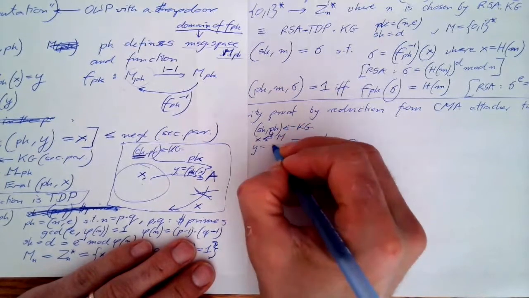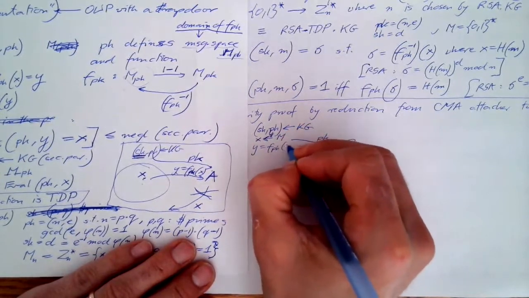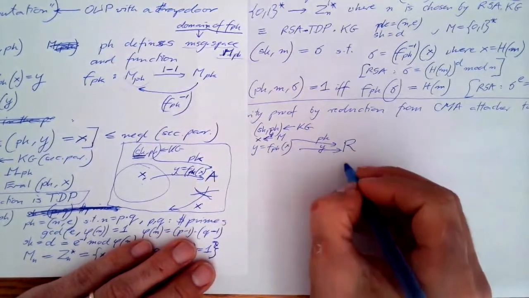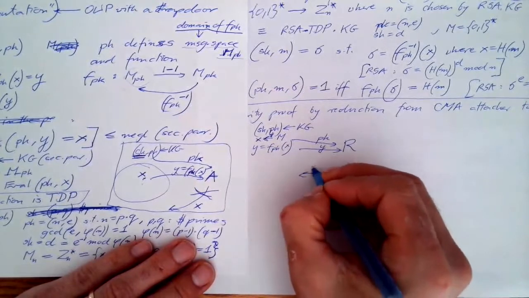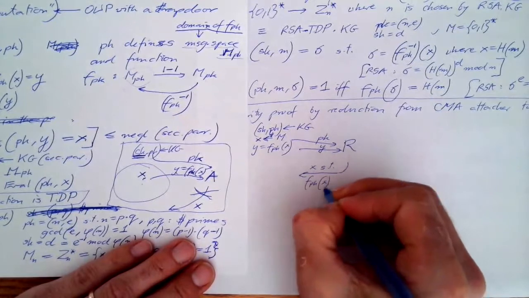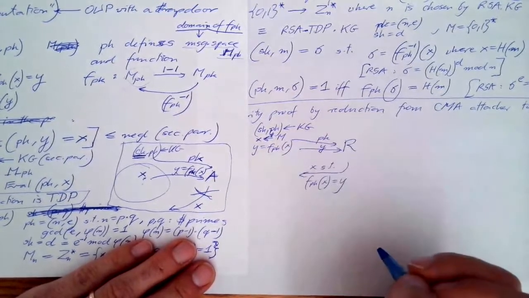They evaluated the function on this point, and they gave us the evaluation. And the reduction's job is to create X such that it inverts the function on the challenge point Y.